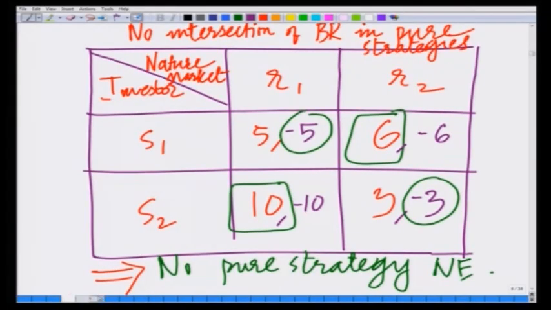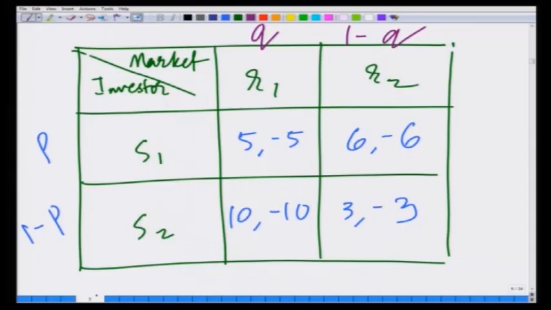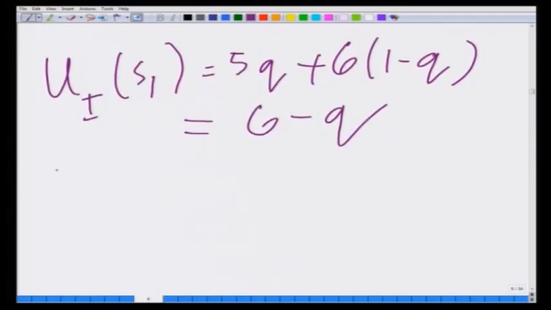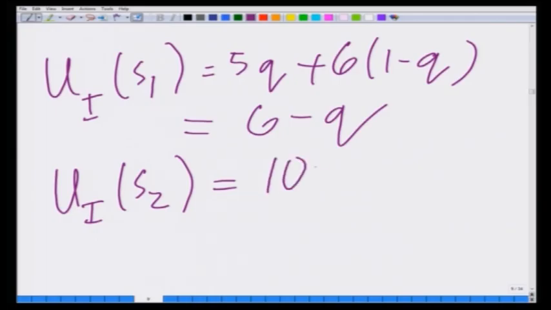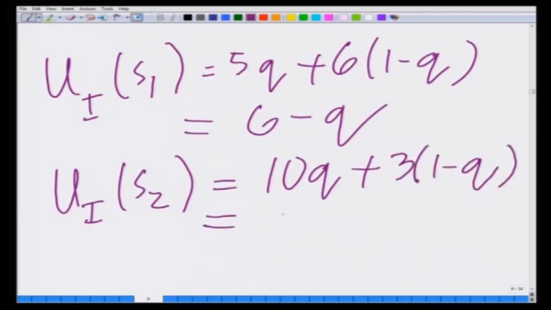And if the investor is always choosing stock 2, his return is 10 times q plus 3 times 1 minus q, which is equal to 7q plus 3.